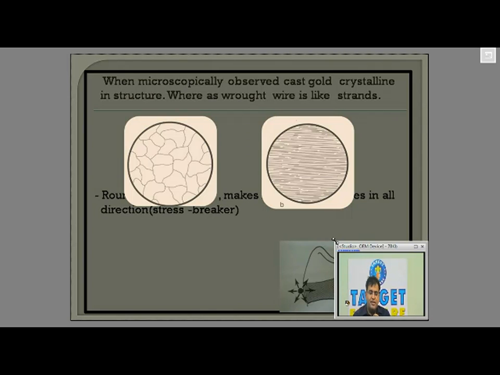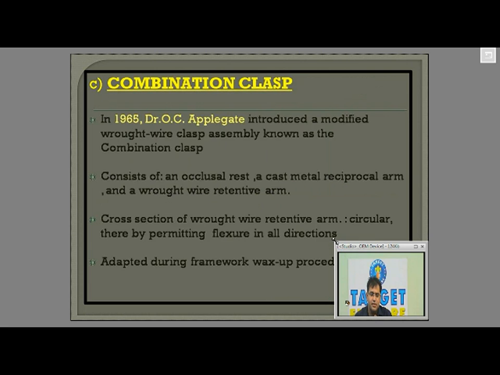Now, what are the advantages? When we see the Rottweiler clasp microscopically, we see a round cross section in the case of the cast circumferential, while in the Rottweiler clasp the planes are in one single line. That's why it can flex in all directions, so it is easy to adjust.